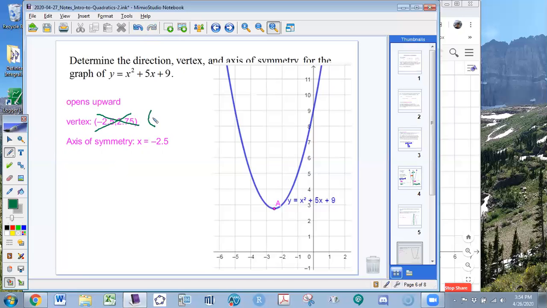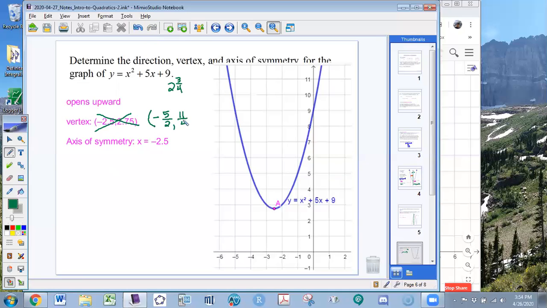So I want answers to be written as fractions, and I don't mean mixed numbers. So I'm not going to write this as -2.5. I'm actually going to write it as the improper fraction -5/2. And then 2 3/4, if I were to write that as a mixed number, hopefully you know the trick of converting that into an improper fraction.